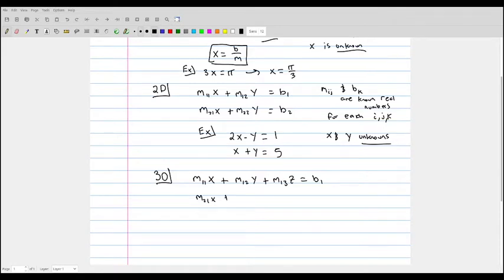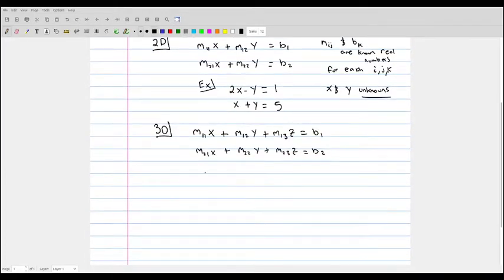A number times x plus a number times y plus a number times z equal to some b2, and a number times x plus a number times y plus a number times z is equal to b3.